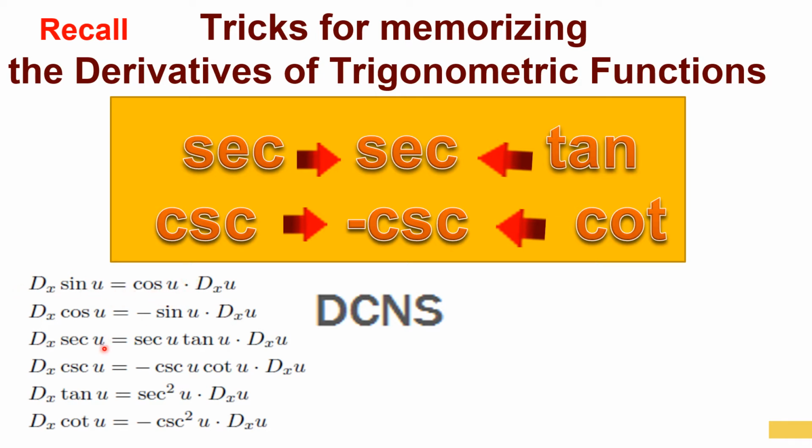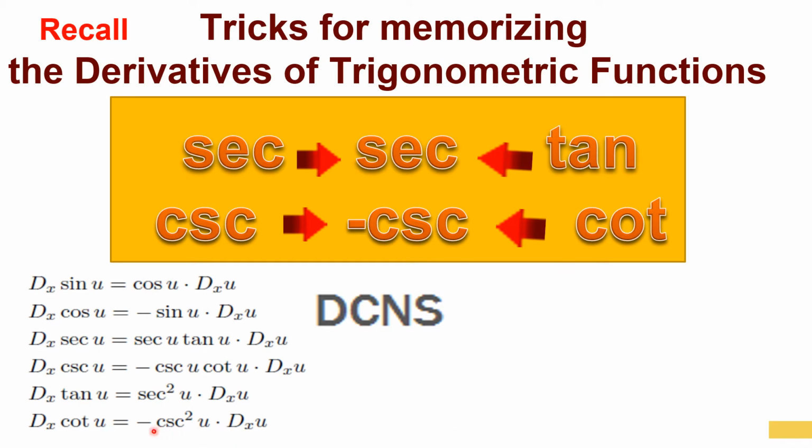As for the derivative of secant u, we have secant tangent, so you have secant u tangent u dx. The derivative of cosecant is negative cosecant cotangent. The derivative of tangent is secant squared, secant times secant.